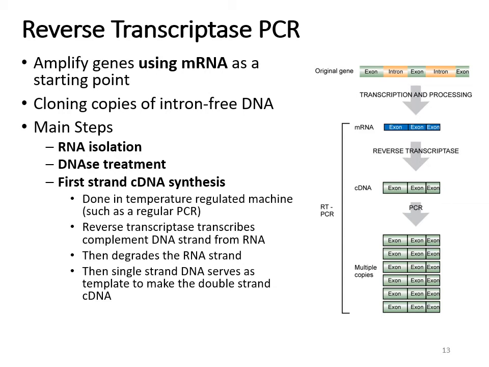It's basically meaning that the machine will make the complementary DNA copy of that RNA, okay? And then once you have the DNA copy of that RNA, now you can put it into the PCR and amplify it.